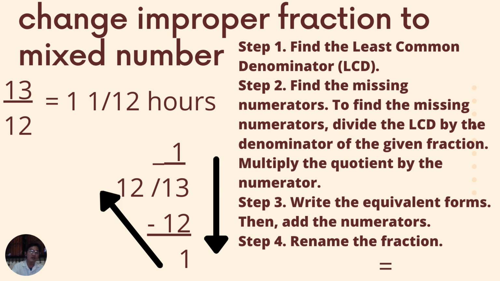Then subtract. 13 minus 12 is equal to 1. Our answer, 1, is your whole number. Your remainder will become your numerator, which is 1, and your divisor will become your denominator. So our answer is 1 and 1/12.